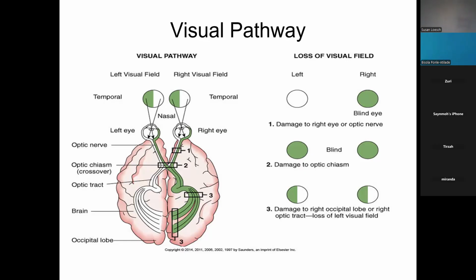If you have damage to the right eye or the optic nerve, then you would have blindness in the right eye. So why does it change when you get down to 3? Because where the damage is occurring is between where that optic chiasm is.